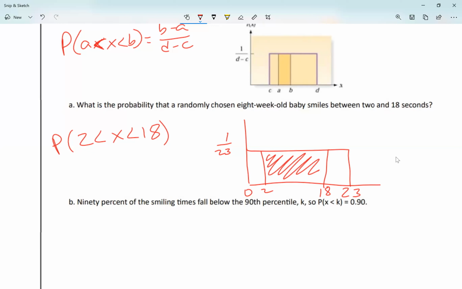You're like, oh, this is pretty much like what we saw last homework with our continuous probability distribution. Pretty much. Let me change this to blue. I'm looking at this new rectangle. I'm going to say 16, right? Because 18 minus 2, I subtracted those two values. 16 times 1 over 23 gives me 16 over 23.